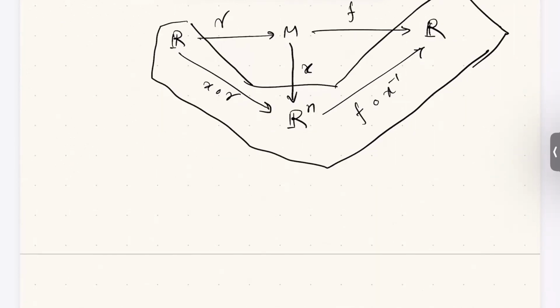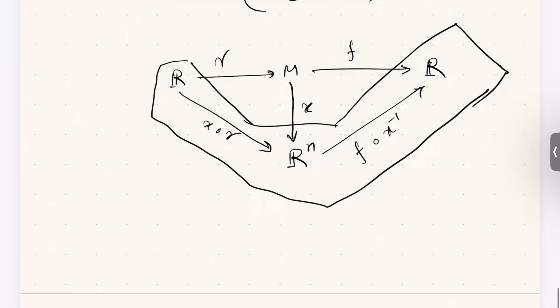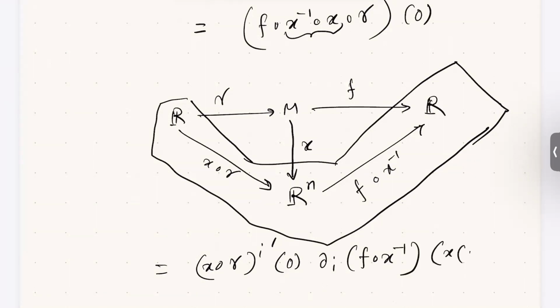Okay. Then if I apply the chain rule, this is going to be (x^i∘γ)'(0) times ∂_i(f∘x⁻¹) at the point x(γ(0)).